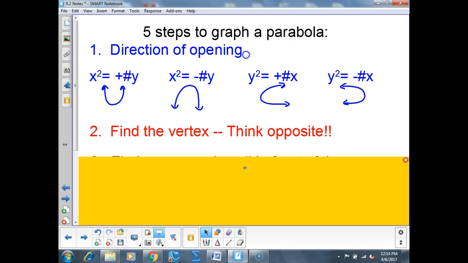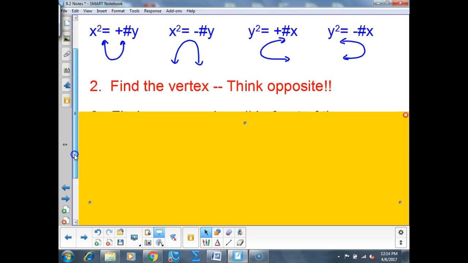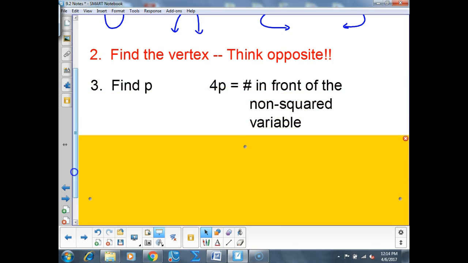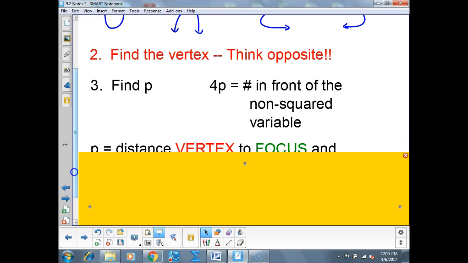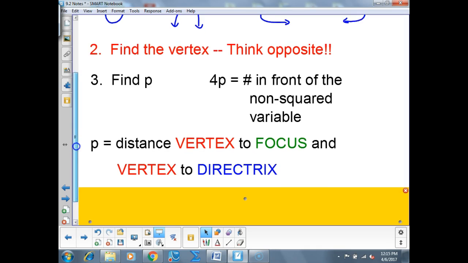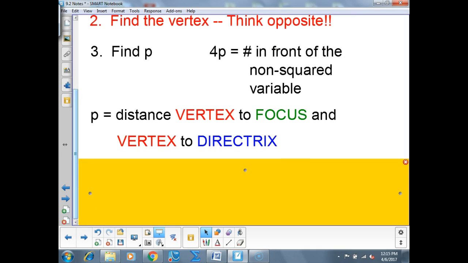So the vertex is the midpoint between the directrix, which is a line, and the focus, which is a point. So we got to find that p-value, which gives us that distance. So 4p is the number in front of that non-squared variable. So we divide that number by 4, and that gives us our p value. And then p is the distance, vertex to focus, vertex to directrix.